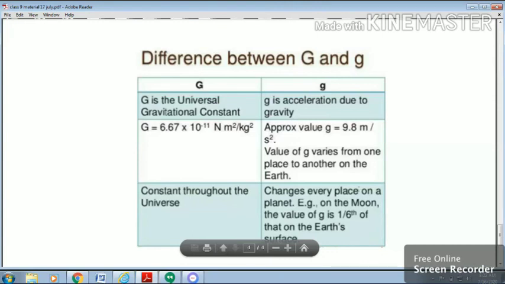Small g changes at every place on the planet. On the moon the value of g is 1/6 of that of the earth's surface. This also you can calculate by substituting the mass of the earth, the mass of the moon and the distance between these two. This example is also there in the book, you can calculate. It is 1/6 on the surface of the moon, sorry.